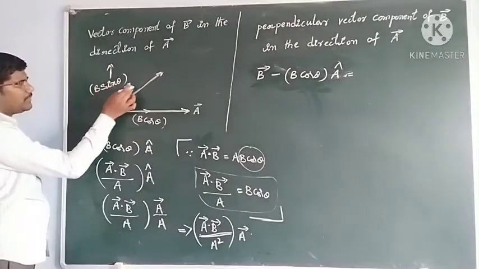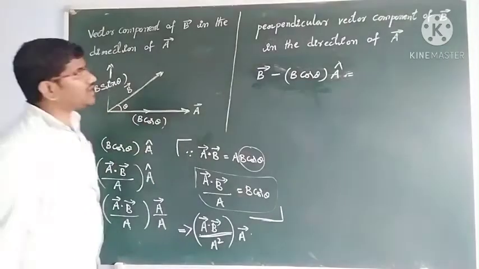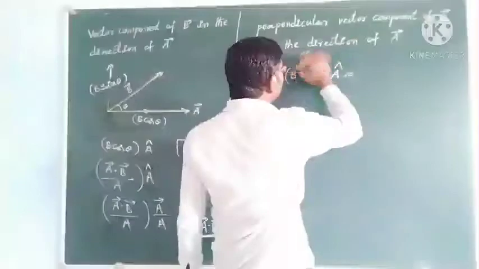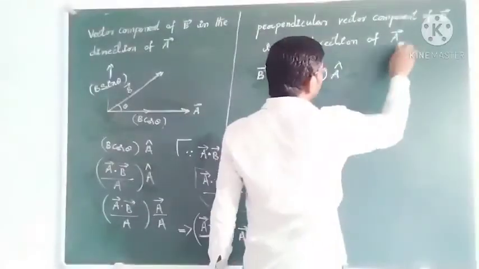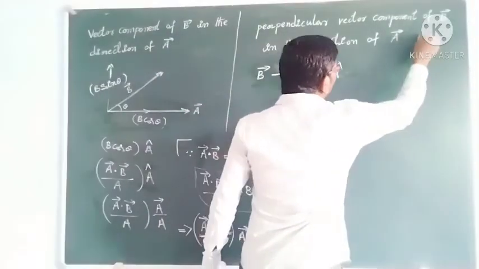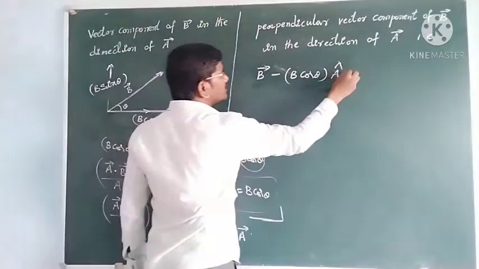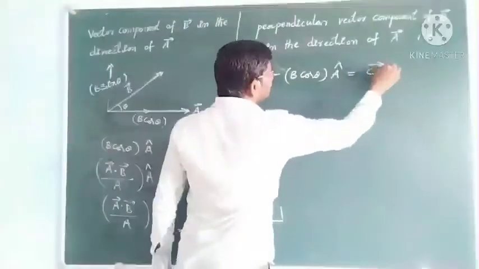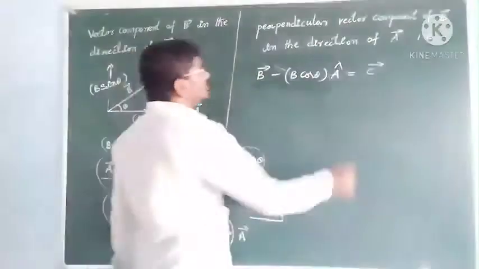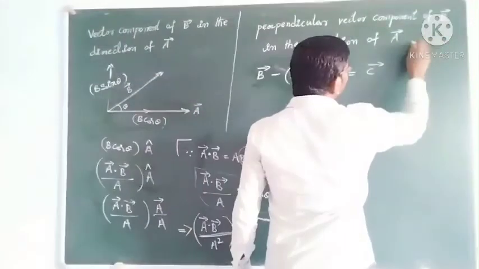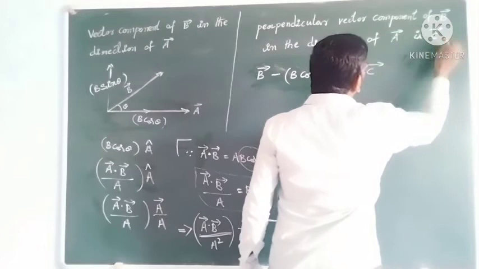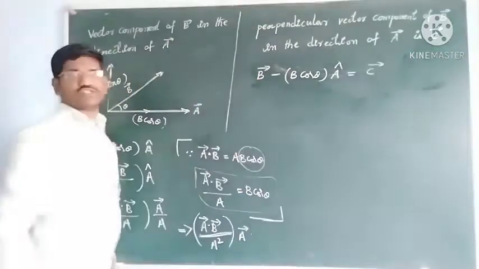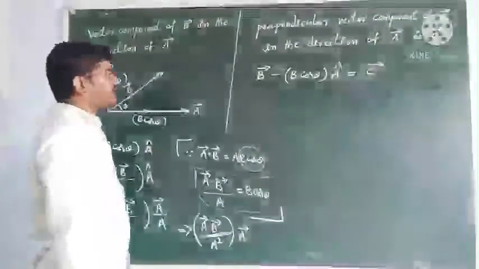So the perpendicular vector component of B bar to the direction of A bar you will get. So let it be some C bar. So now we want to find that.